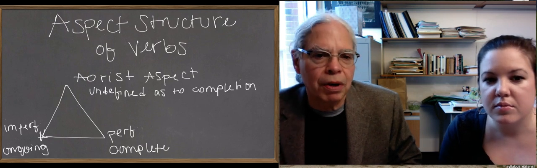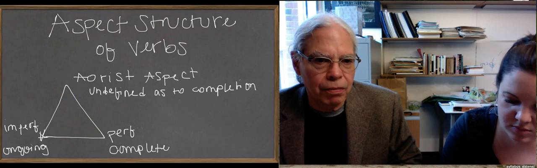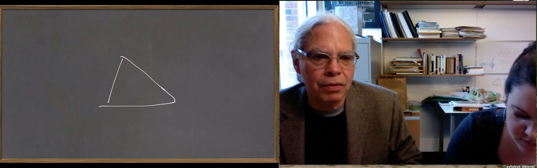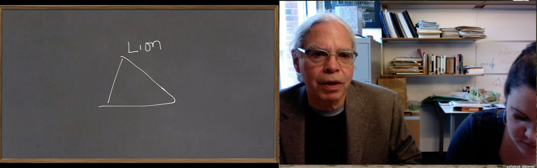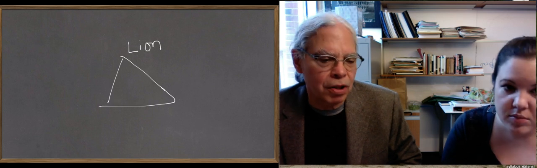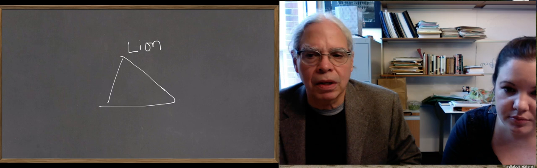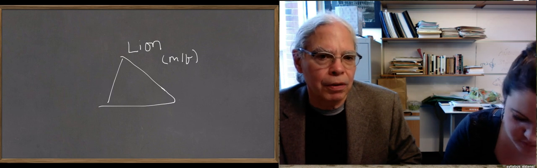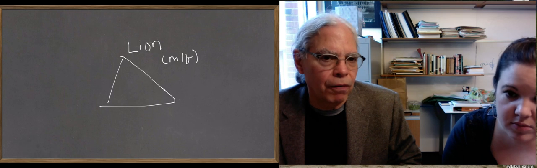So if we make another triangle, and at the top of it we put lion in the sense of lion as opposed to lamb, that is without distinction as to gender, just as a category of animal, not really specifying whether it's male or female.